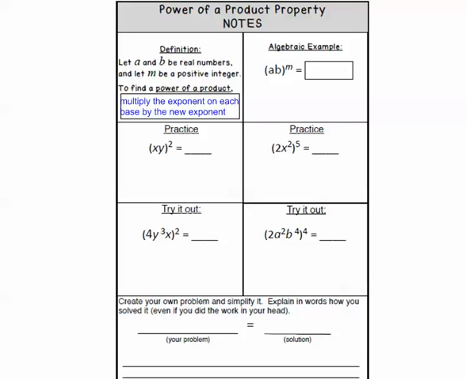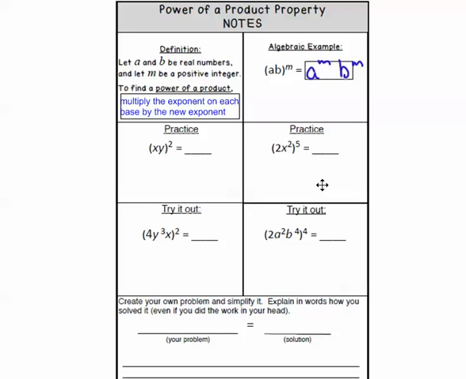And that's a lot to think about. So let's take a look at our algebraic example. If we're multiplying a times b, and we want to take that product to the exponent of m, that means we are going to need to take a to the m power and b to the m power also.